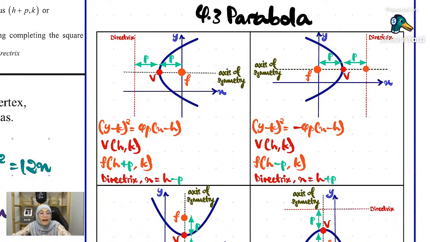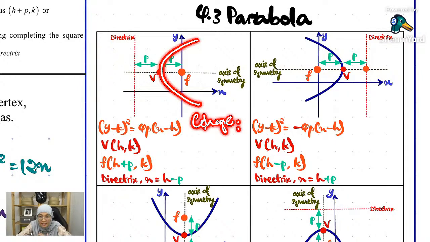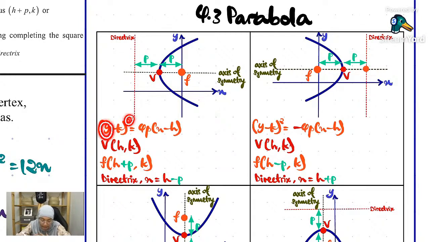Okay, so there are 4 equation yang berbeza. As you can see here, the first shape here, the C shape. If you can see here, this is y squared, and this is positive x, no squared.